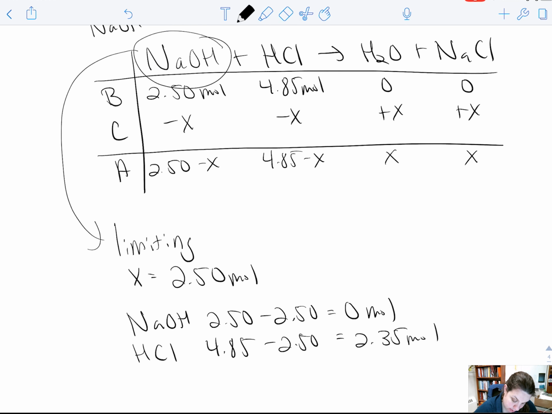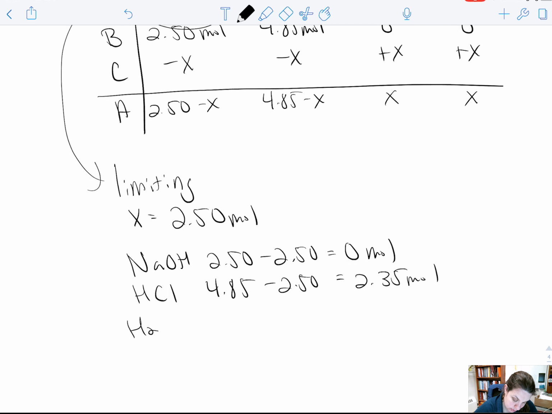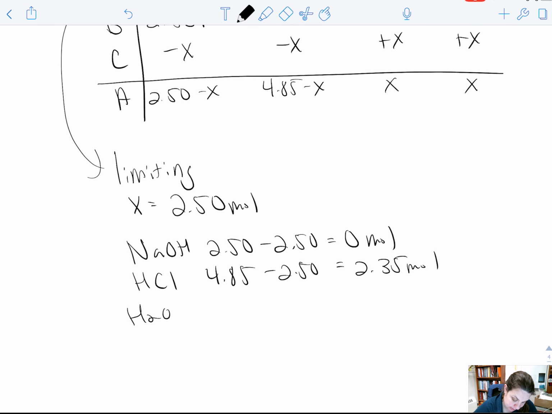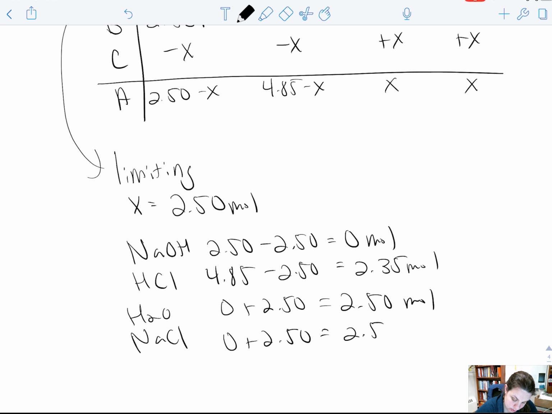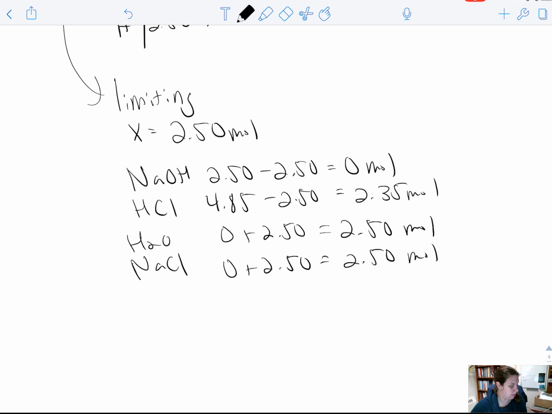And then for our H2O and our NaCl, we're going to have 0 plus 2.50, and that is how you use a BCA table. Pretty straightforward and simple.